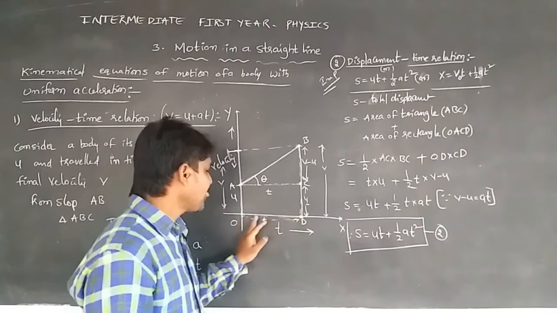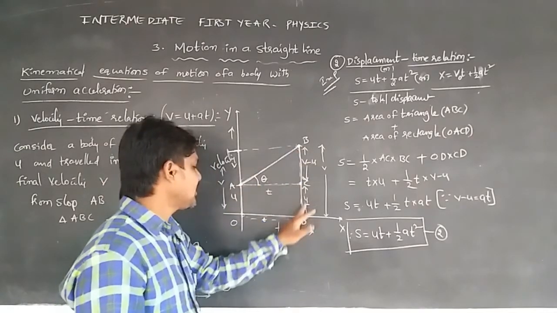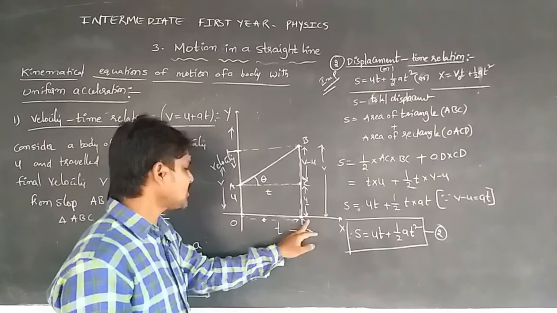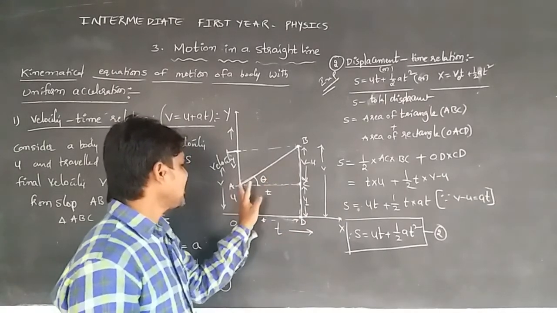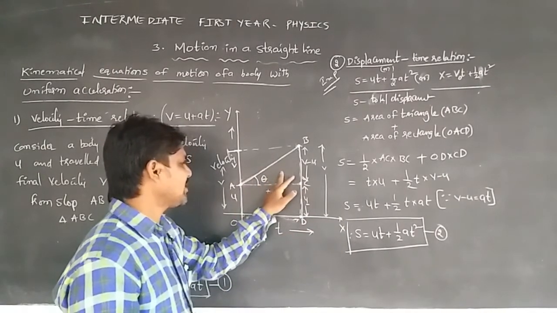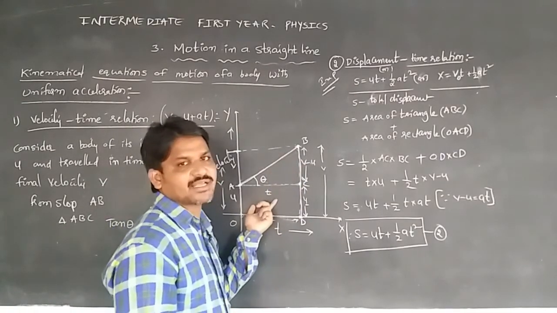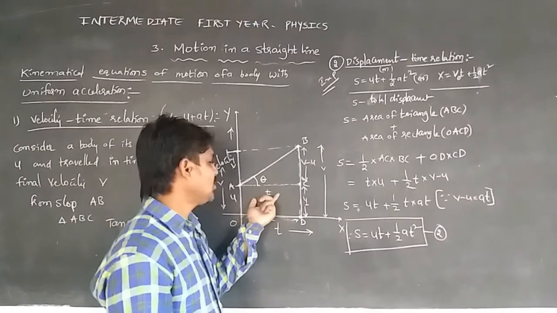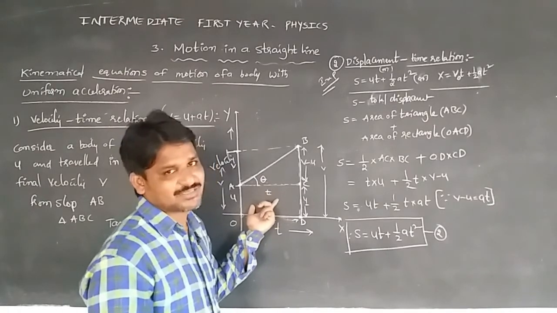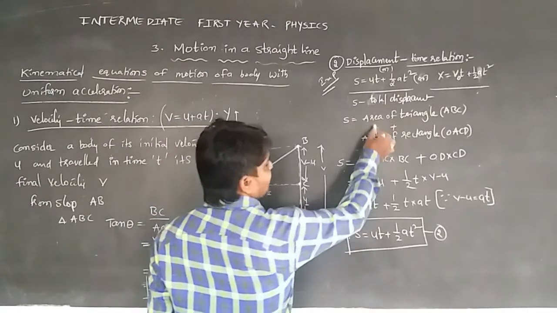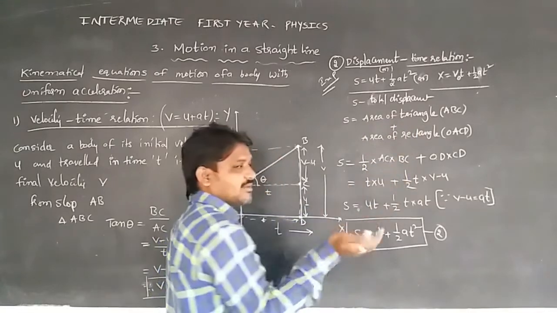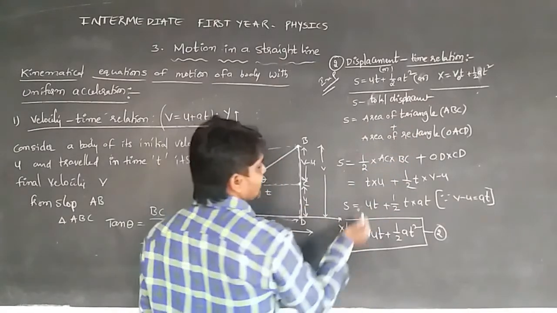When the perpendicular is drawn from AB on the x-axis, there is one rectangle and one triangle. If we sum the area of the rectangle and the area of the triangle, we get the total displacement.